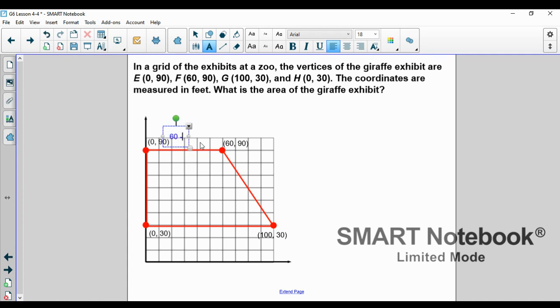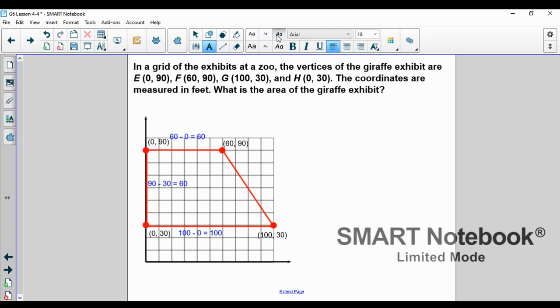I get 60 minus 0 equals 60 up here. I'm going to do the same down here: 100 minus 0 equals 100. And over here, my vertical line, my x's are the same and my y's are what's different. So I get 90 minus 30 equals 60.